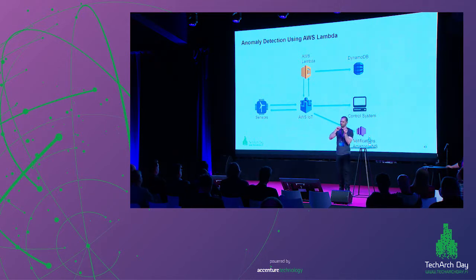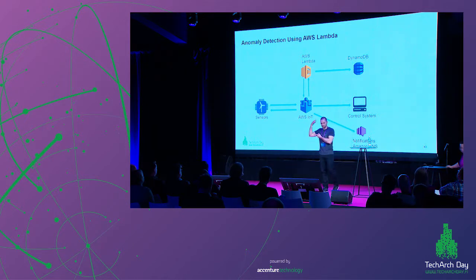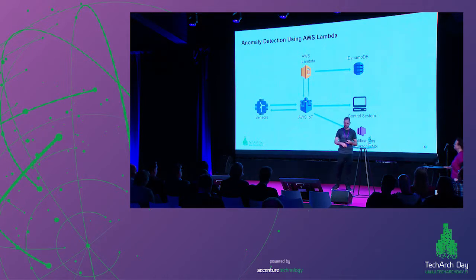And as soon as vibration goes above a threshold, they stop everything down. They stop the engine because they don't want to pay millions of dollars for something for maintenance that has to be done. So this is classic use case of using Lambda for predictive maintenance. And in fact, this pattern is used all over the place in IoT to control your devices in the environment.